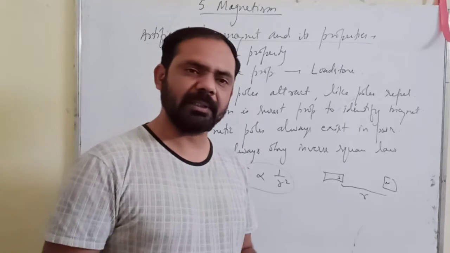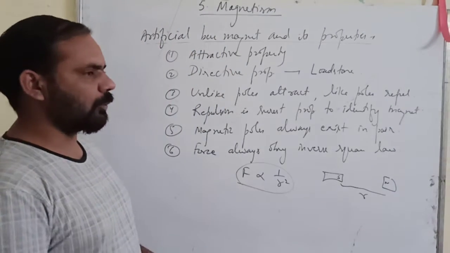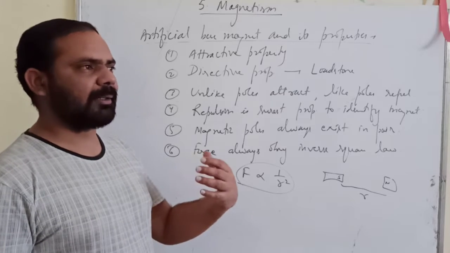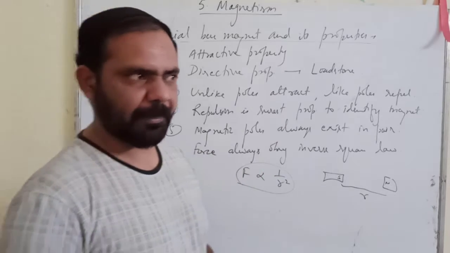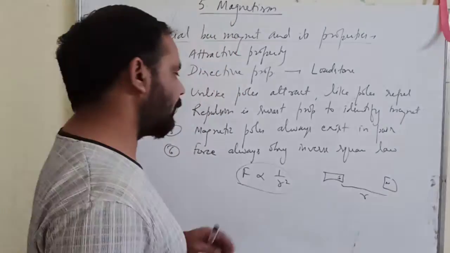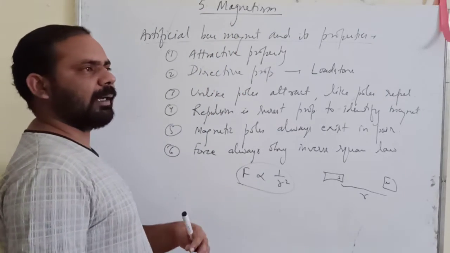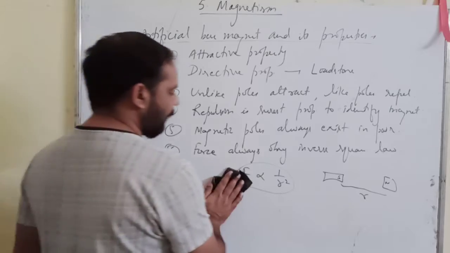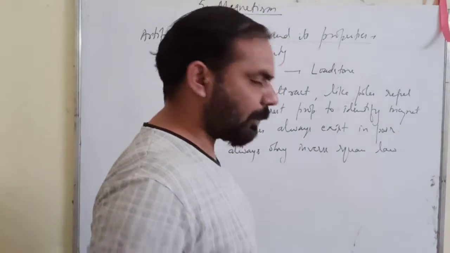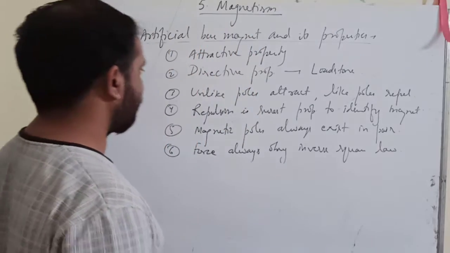What it simply means is that the magnetic force exerts up to infinity, the magnetic field extends up to infinity. So these were the properties of a bar magnet.